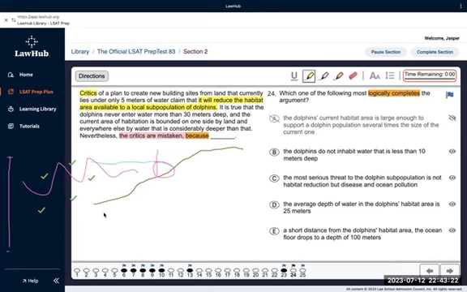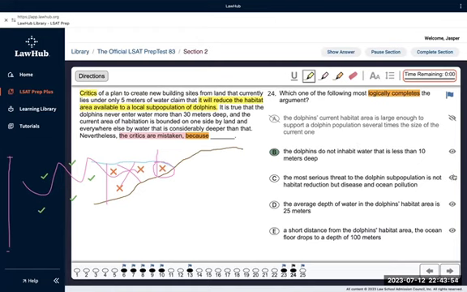And then when we get to about the 10 meter mark, the dolphins aren't going to be here anyways. So really, taking away this chunk here isn't going to make a difference because the dolphins weren't there anyways. This is their habitat, not all of this area. So B is perfect.